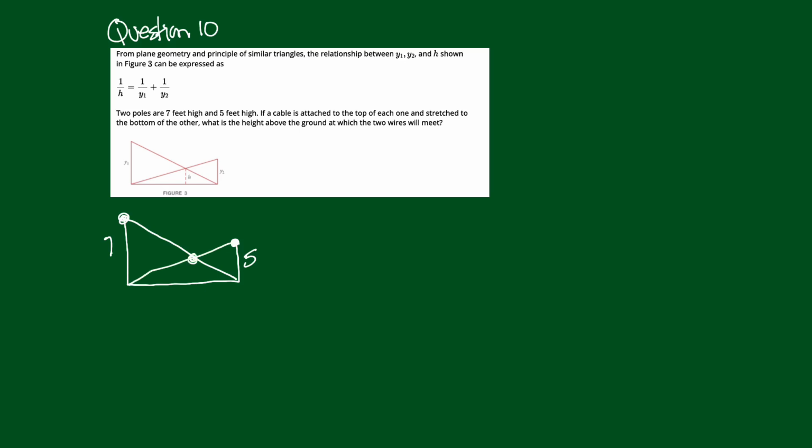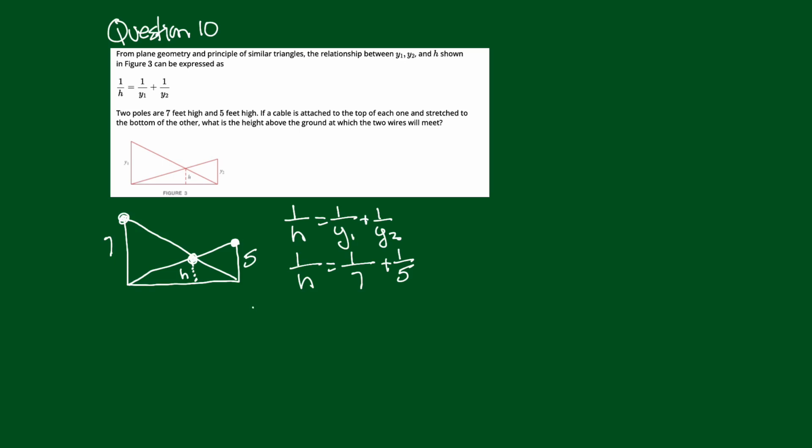What I want to know is, how high is it? We've got an equation here. The equation says this: 1 over h is equal to 1 over y1 plus 1 over y2. Now, 1 over h, don't know h, but I do know this. Say y1 is 7 and y2 is 5.